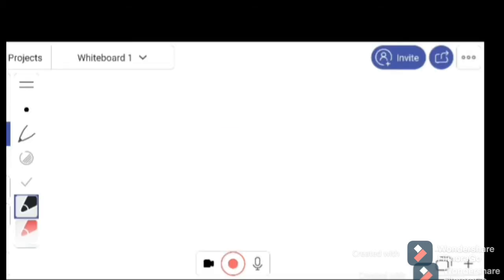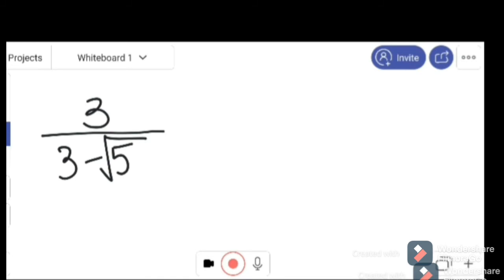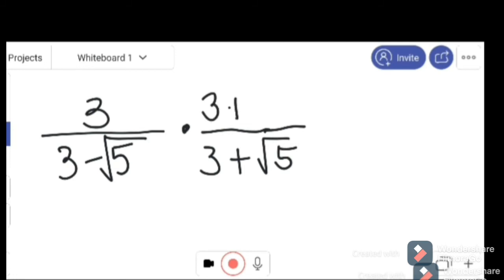This time, we are going to use the conjugate of a radical expression. 3 over 3 minus the square root of 5. First, we rationalize by multiplying by the conjugate of the denominator, which is 3 plus the square root of 5, both in the numerator and the denominator. After which, we are going to multiply this.